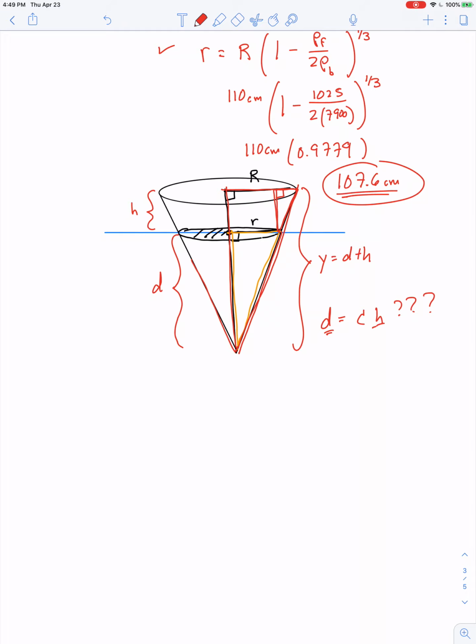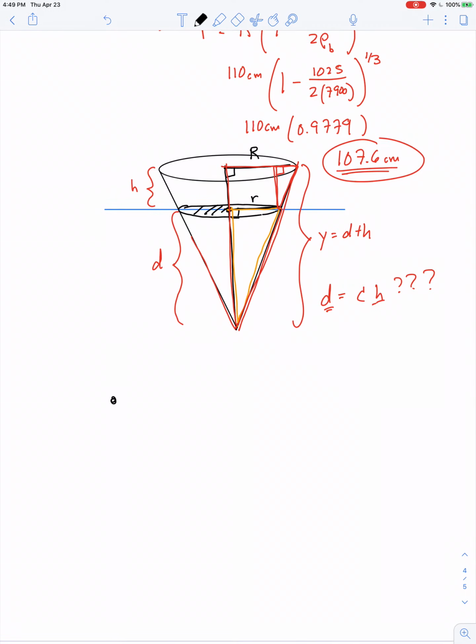So if the iceberg is floating, then we have neutral buoyancy, and our free body diagram suggests that the buoyant force vector matches the gravity vector, Fb and mg are equal. And by Archimedes' principle, Fb is rho times g times v, where rho is the density of the fluid, and v is the volume of the fluid displaced.